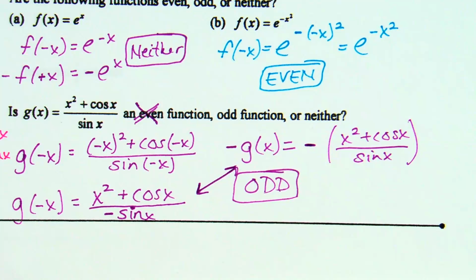And if you're hesitant, you know what? Check that graph. X squared plus cosine x divided by sine x. Except before I graph that, I need to switch to radians because we've been in degrees in pre-cal.